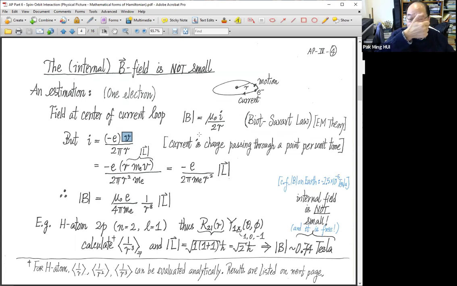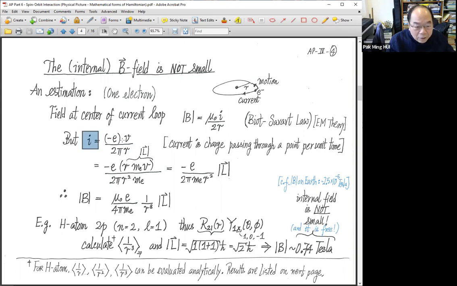So you take a stopwatch, 1 second, how many charges pass by 1 point? So it is given by v divided by 2 pi r. That is how many rounds it will go through a point in a second, and the charge is minus e. So thereby, we have this for the current.